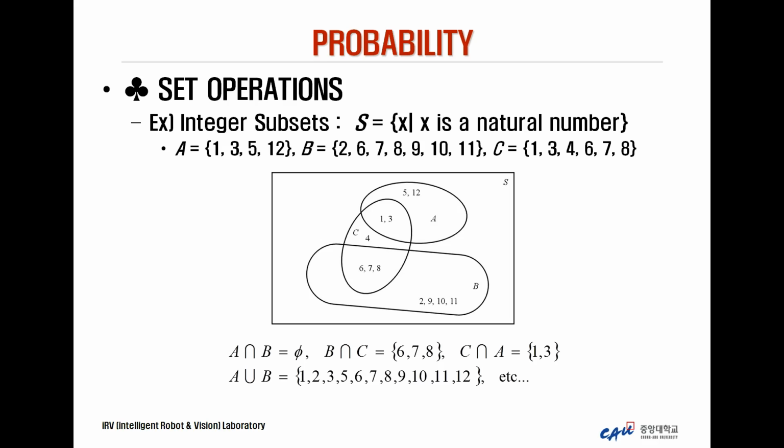So the set A intersection B is the empty set. B intersection C has 3 elements. C intersection A has 2 elements. A union B, how many elements do you have? 11 elements. So what is missing? The element 4 in the set C is missing in this A union B, etc.